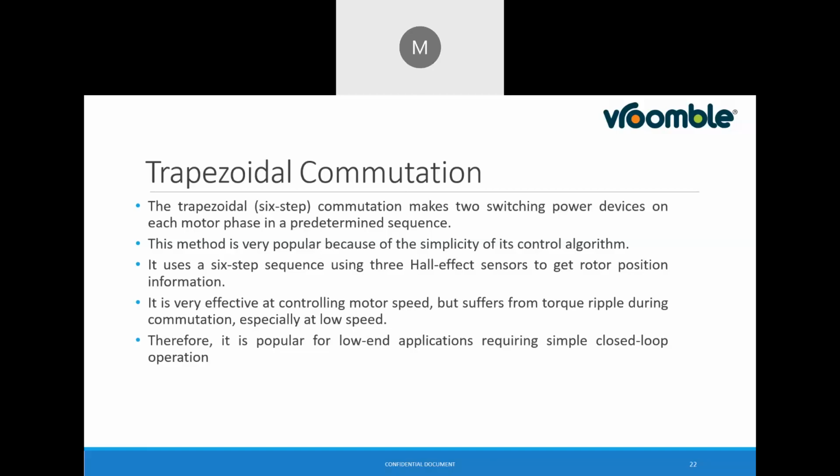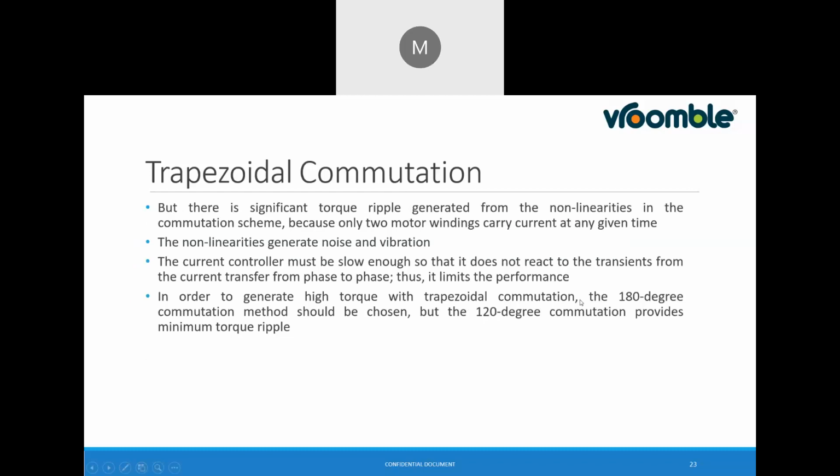Now, when we are using trapezoidal commutation, that works as a step control method, and the controlling waves create a fluctuation, and that is where you get torque ripple.